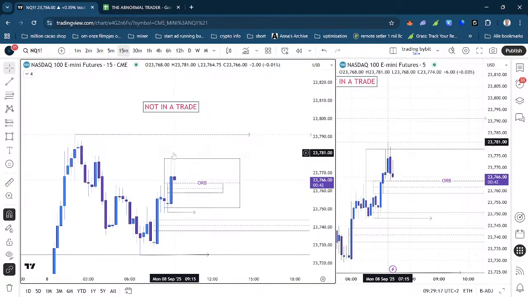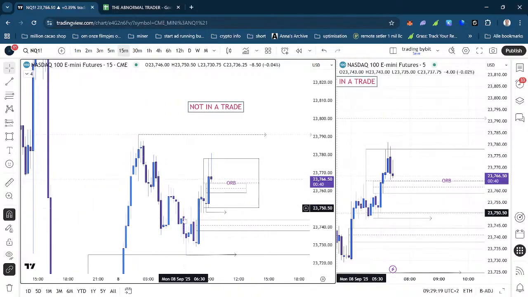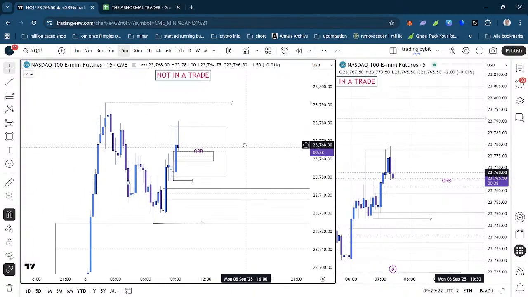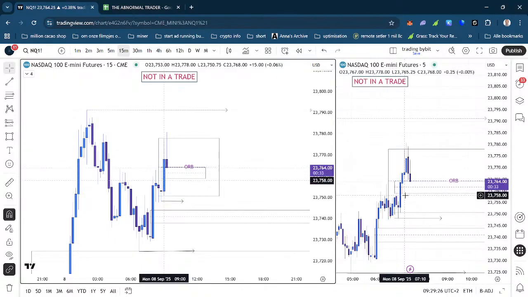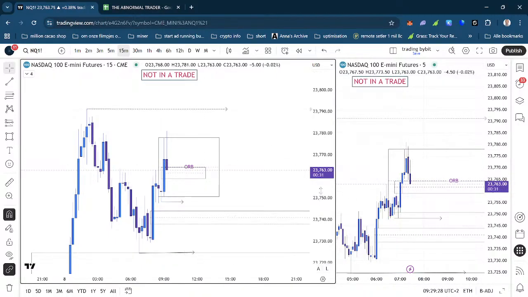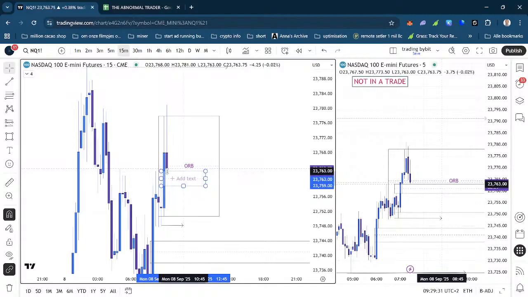You see, it took this liquidity right here, and now it's still a bit sideways, still a bit insecure about what it wants to do, but this 5 minutes looks like it wants to push lower. We came into that fair value gap. We were creating a 15-minute fair value gap right now.